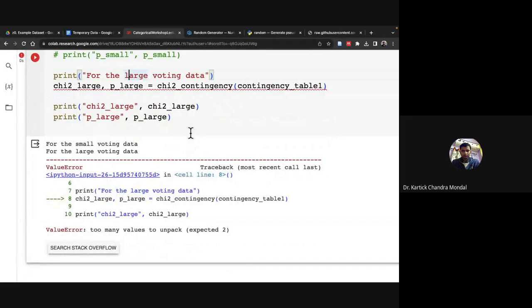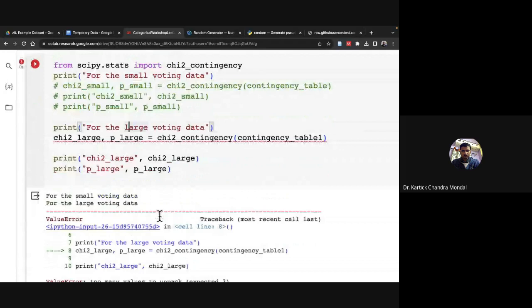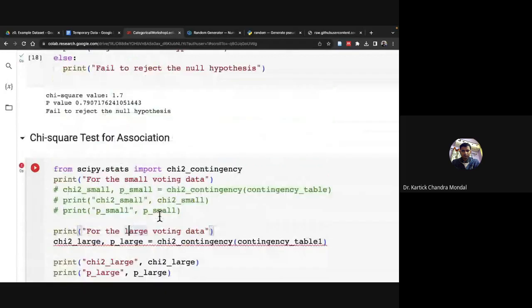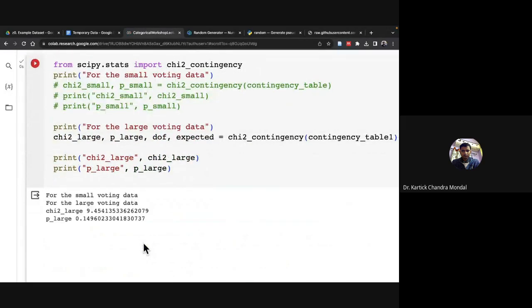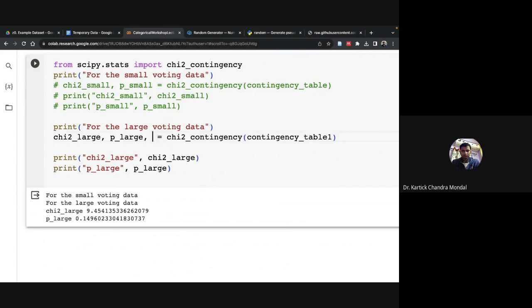Chi contingency should not give the error, because it generates other values, so that's why.